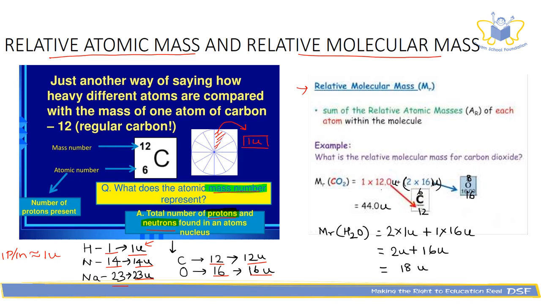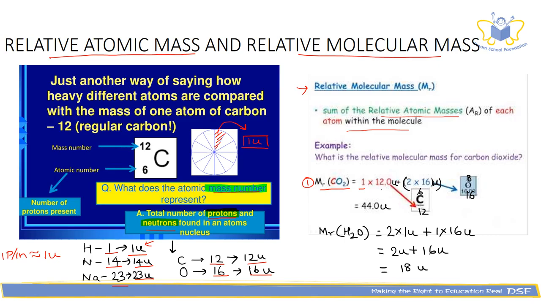Now let us look at relative molecular mass. Relative molecular mass is nothing but the sum of the relative atomic masses of each atom within the molecule. Let us look at it using an example. Let's see the relative molecular mass of carbon dioxide.